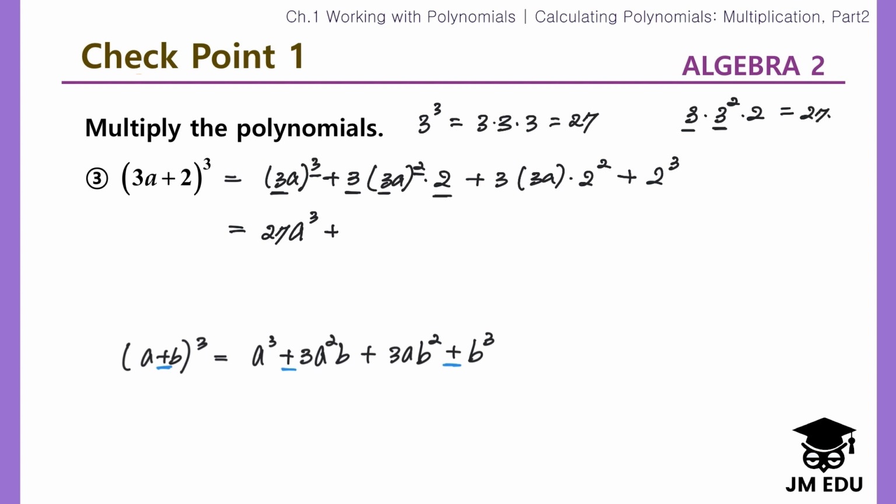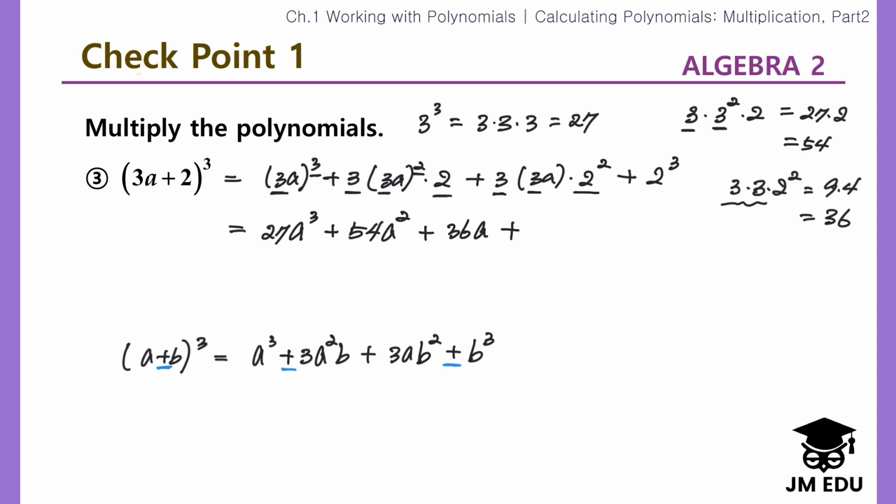So 27 times 2, that's 54. So 54a square. Next, plus 3 times 2 square, that's 9 times 4, that's 36. So 36a plus 2 cube is 2 times 2 times 2, 8.